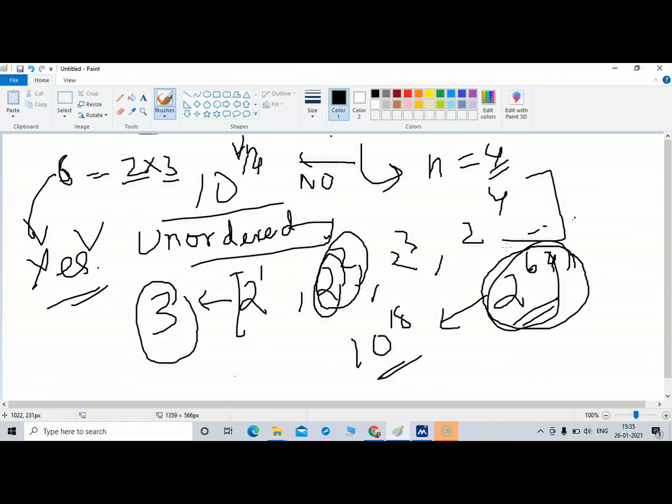If it exists, then the answer will be no. And if it does not exist, that means at least one odd divisor is present for that number, so the answer will be yes. That is the logic. I will give my solution and the question in the description.